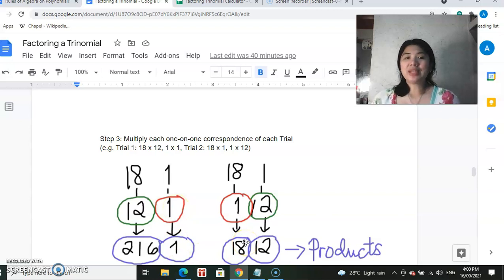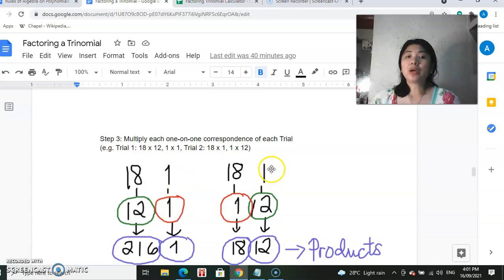And for the second trial, ato gibali ang 18 here will have a one-on-one correspondence pairing with 1. So, di ba, in the first trial, 18 is paired with 12. In the second trial, 18 is now paired with 1. Okay, and in the first trial, 1 is paired with 1.